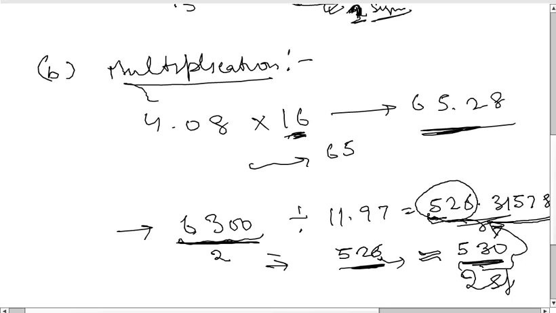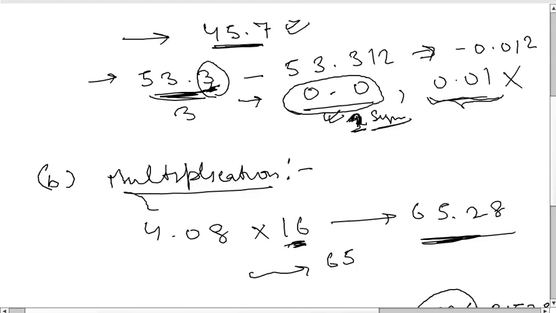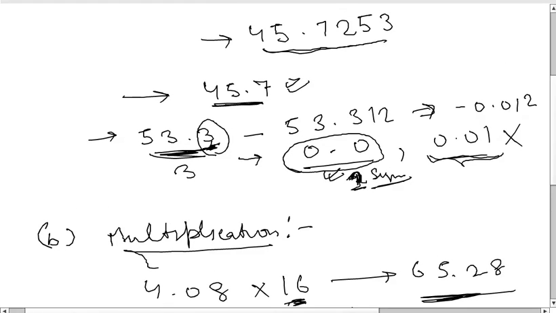Yes, let me explain the subtraction part. See, in this subtraction, 53.3 minus 53.312, the result came out to be 0.012. Now, we have significant digits as 3. Then if these are 3, shall it be 0.01? Obviously not. Why? Because along with the number of least significant digits, we also have to take care of the maximum precision that we can quote in the answer.